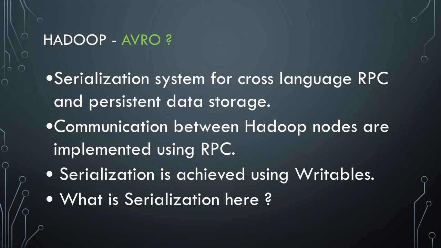So what is serialization here? Serialization is a process of converting the object state into a byte stream that can be sent across the network, and then deserializing that network stream back into the object. That's the role it plays in the Hadoop ecosystem.